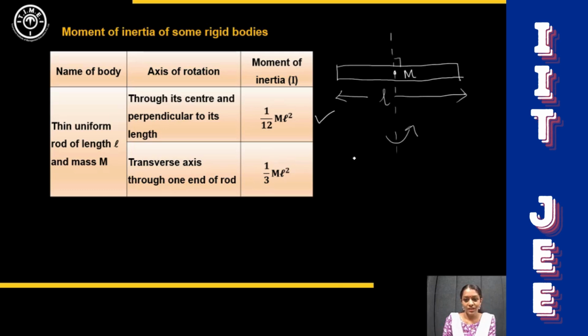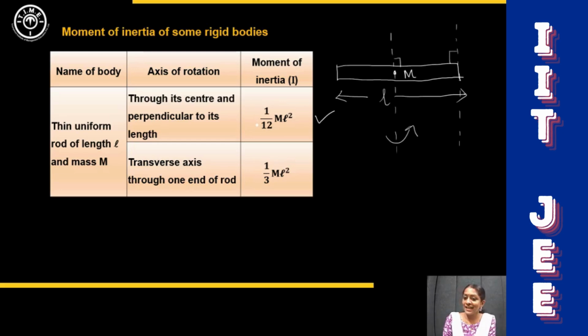Okay. So, if you know this equation, then by applying parallel axis theorem, you can find the moment of inertia of the body about another axis which is passing through one of its ends as well. The only condition is that the second axis should also be perpendicular to the plane of the rod.